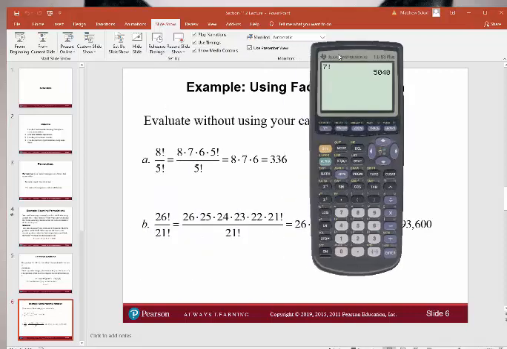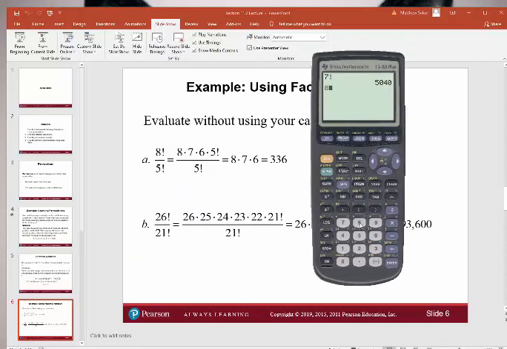But you can also do this in your calculator. Watch. 8 math, factorial, divided by 5 math, factorial. And look, 336. So your calculator can save you a ton of time.